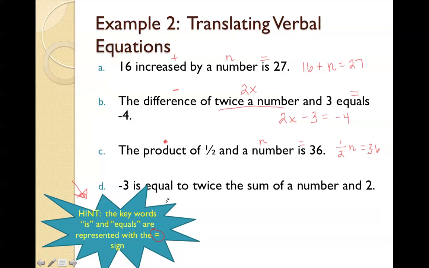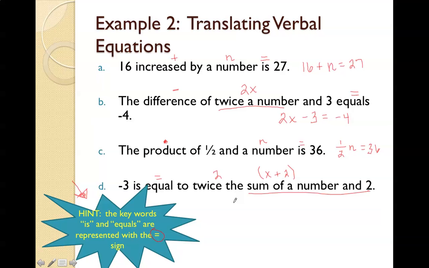All right, D. -3 is equal to, so that's equals, twice, so 2 times. Now here it says I need to take the sum of a number and 2 before I multiply it by this twice here, 2 times. So that means that anytime you have this, I'm going to have to put this in parentheses because I want my number, which I'll represent as x, and 2, I want to do the sum of this before I multiply.